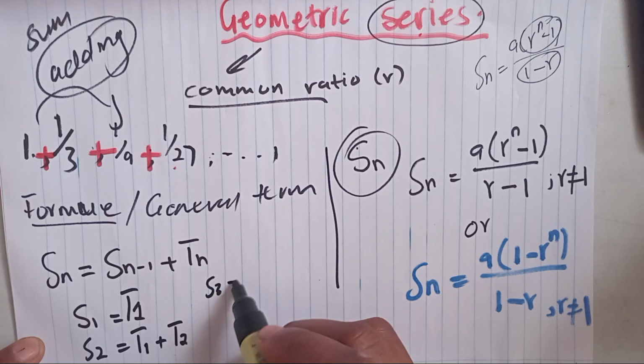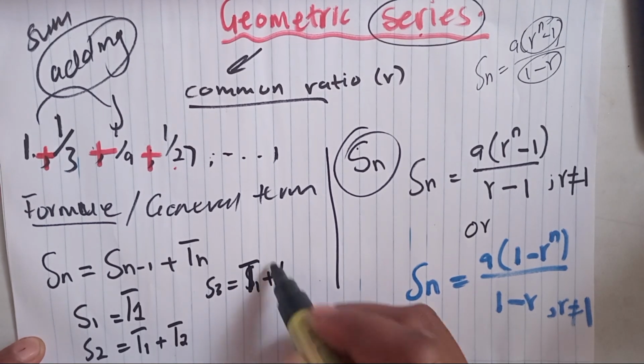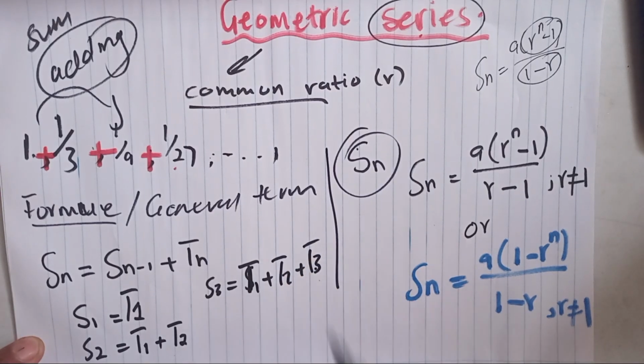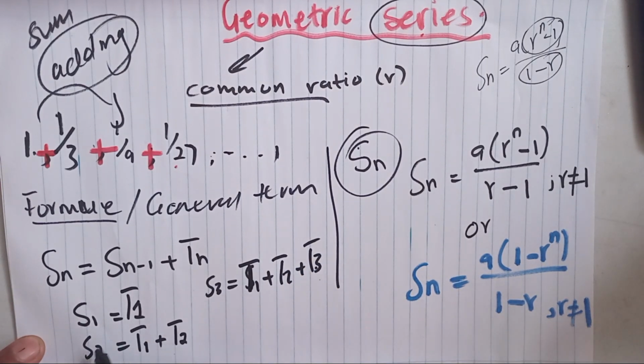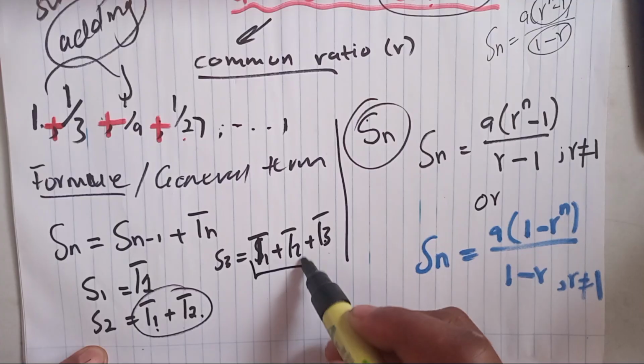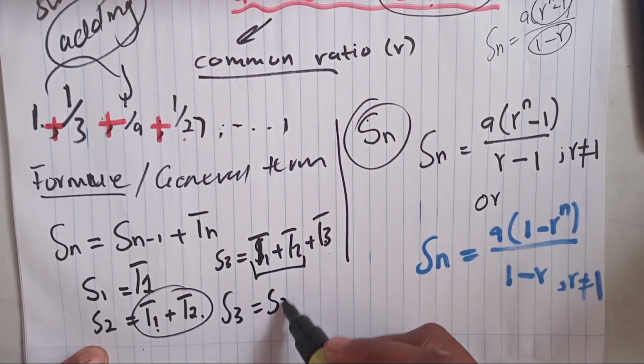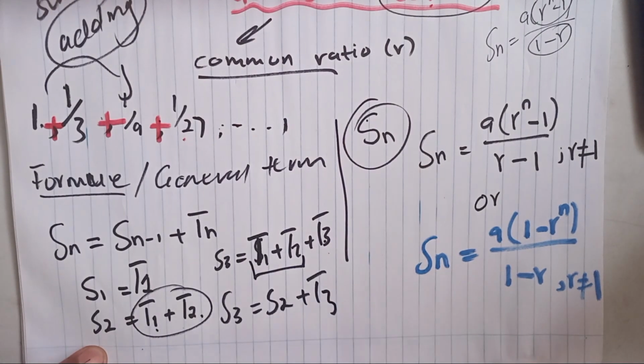S3 is equivalent to the sum of the first three terms, T1 plus T2 plus T3. But since S2 is equivalent to T1 plus T2, we can say S3 is equivalent to S2 plus T3.